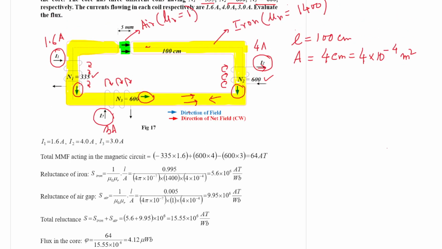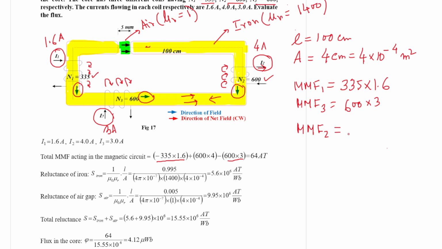okay. So now what will be the MMF due to current 1? So let us consider MMF 1. MMF 1 is equal to 335 into 1.6. MMF 3, this current I3, it will be 600 into 3, because 600 is the number of turns, current is 3. So 600 into 3. And what is MMF 2?